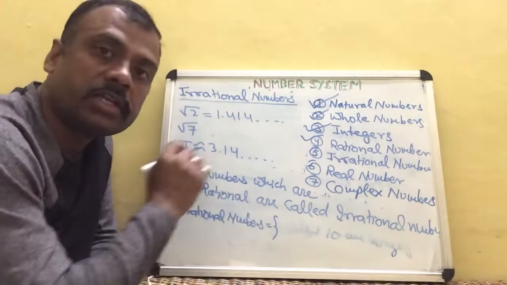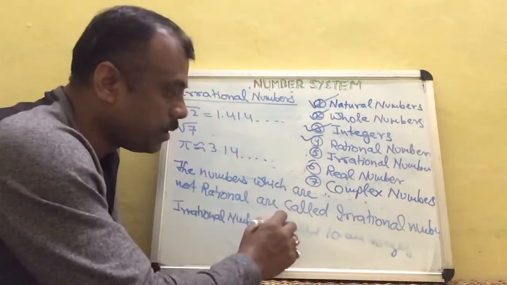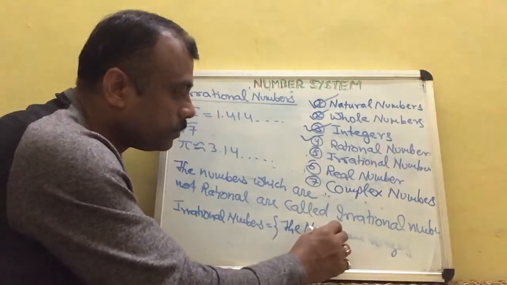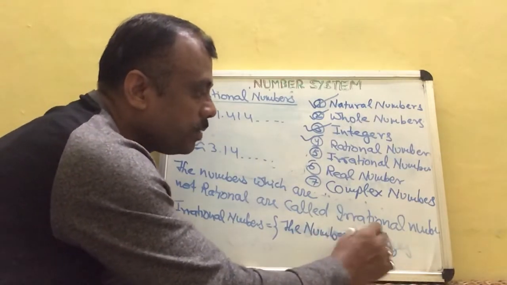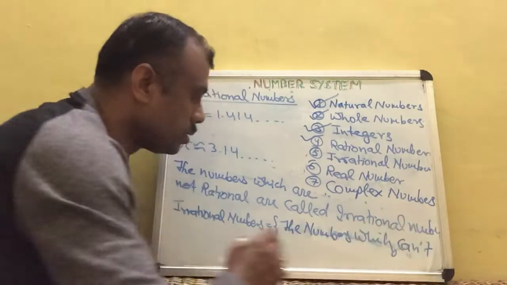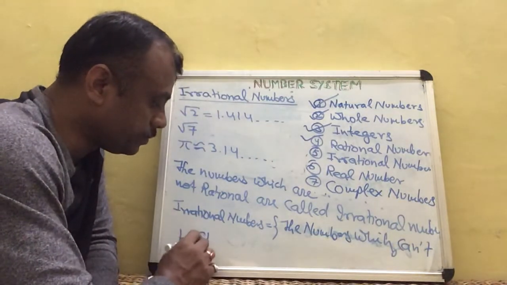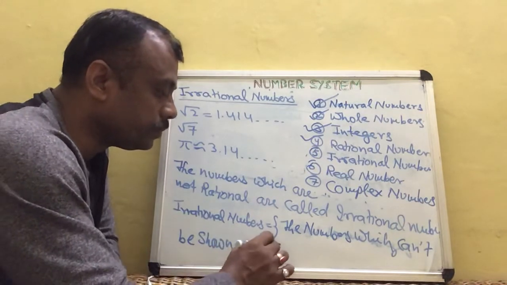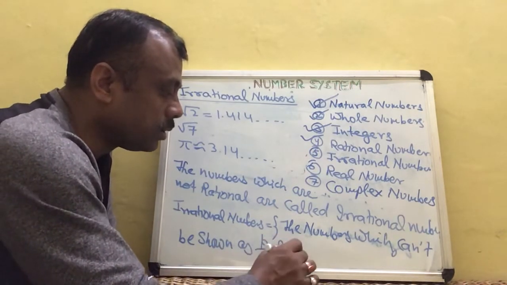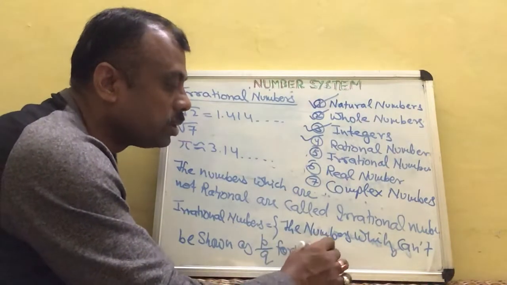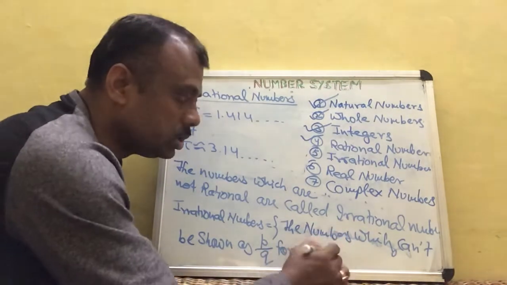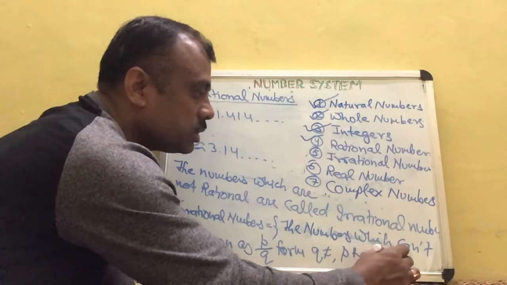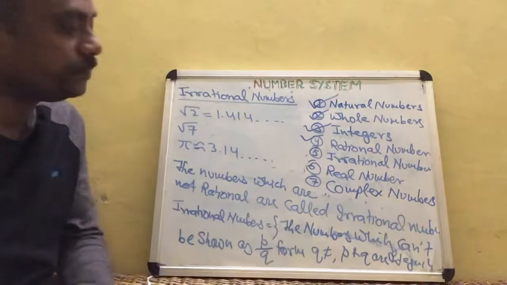We can define it in the same way as the rational: the numbers which cannot be shown in the p by q form, where q not equals to 0 and p and q are integers. This is one definition.